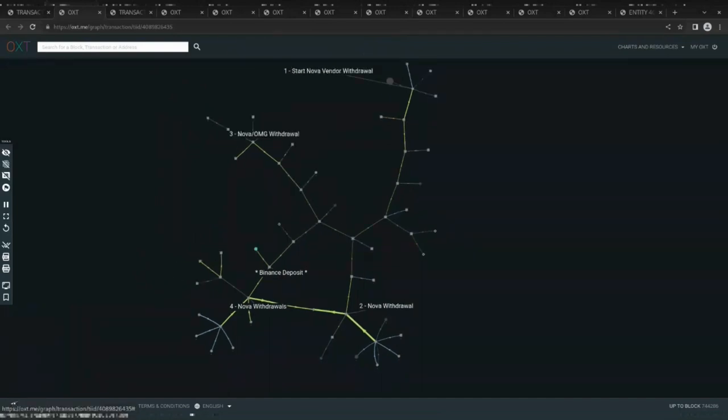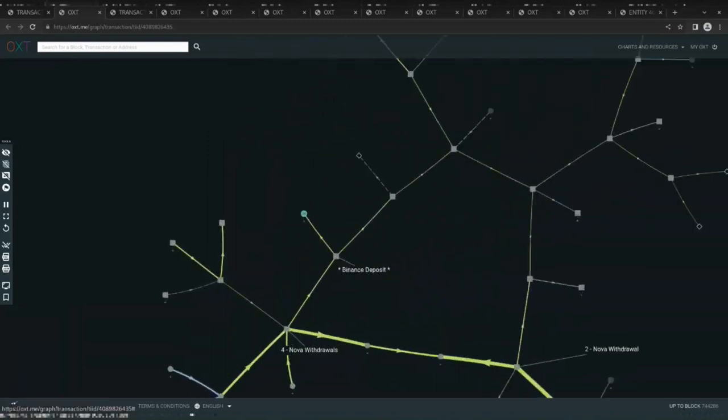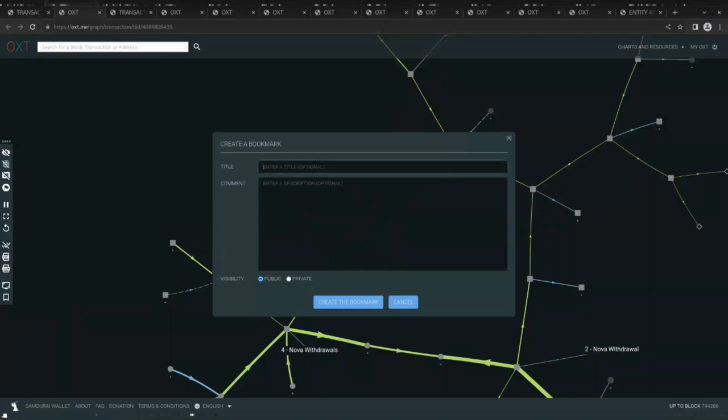I'll bookmark this transaction and maybe talk a little bit briefly about some of the other features in the tools panel that have been added. There's a mark transaction button now that we are using to basically export information to CSV or JSON. We've also got a screenshot button as well. And last but not least, the bookmark button.